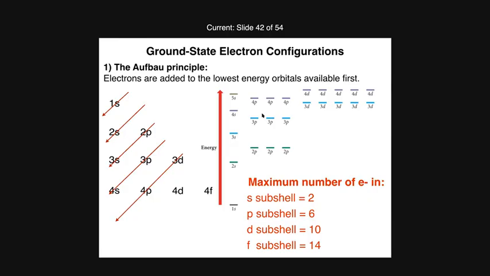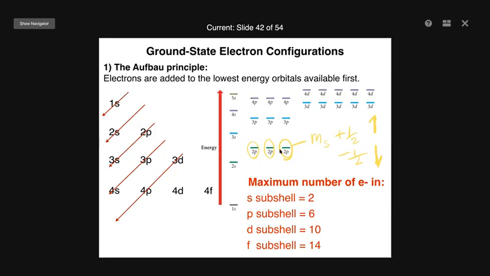And because each of these orbitals can have two values of m sub S, we talked about this before, that there are two possible values, which is positive 1/2 and negative 1/2. Therefore, each of these electrons, whether it's spin up or spin down, can fill into each of these orbitals.